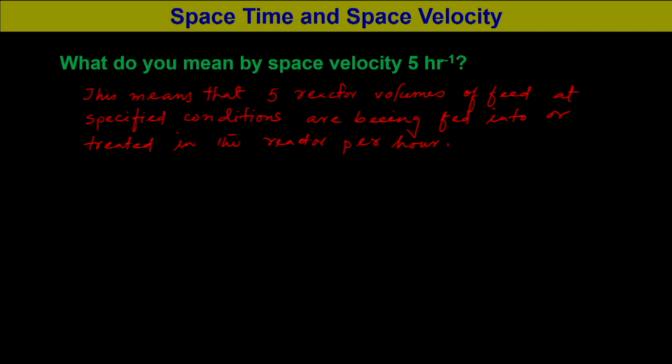So, 5 reactor volumes of feed at specified conditions are being fed into the reactor or treated in the reactor per hour. So, that indicates the space velocity of 5 hour inverse.